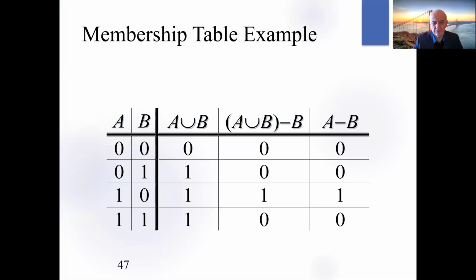This is about the membership table, and here is one more example. Here we proved that the union of A, B minus B, this set is equal to A minus B. We constructed a membership table, and from this table we can conclude that these sets are equal.